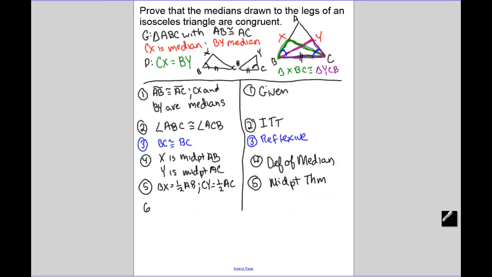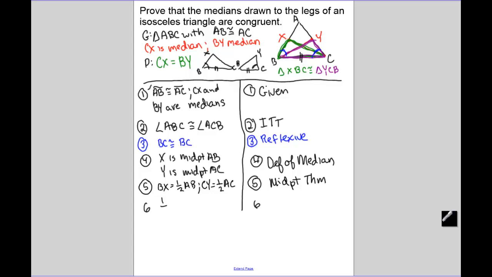Step 6. So step 6 then, I need to somehow get these segments equal. I know that AB is equal to AC. So from this step right here, AB is equal to AC from our first step.